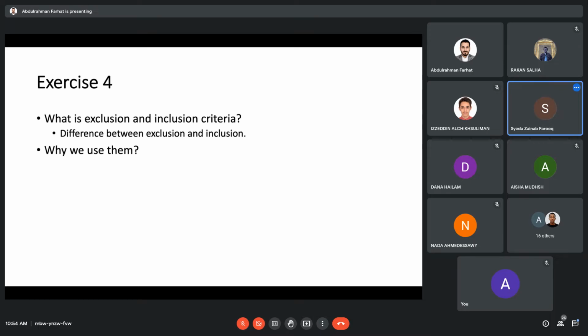There has to be some parameters on which we decide that we perform the study on this type of person. For example, an age group of 18 years old, but apart from that we make some more parameters, like comorbidities. So it's like two to three parameters. This is what I mean by performing the study.